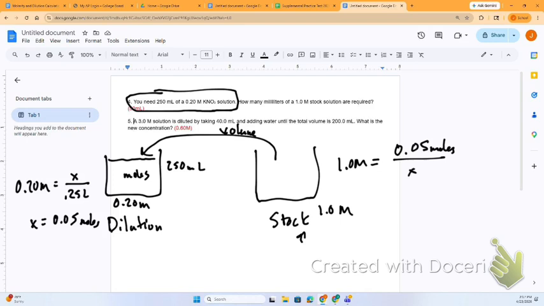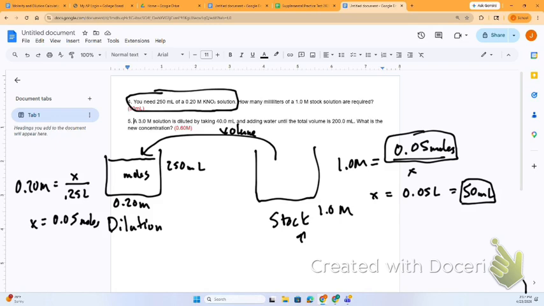And so if we do this, you end up X equals 0.005 liters, which is 50 milliliters, which means the moles that we need to put into our dilution are equivalent to 50 milliliters of 1.0 molar solution. So our answer is 50 milliliters. Hopefully that makes sense. Okay, so it's almost like you start with the dilution, solve for moles, and then take those same moles and solve for the volume from your stock.